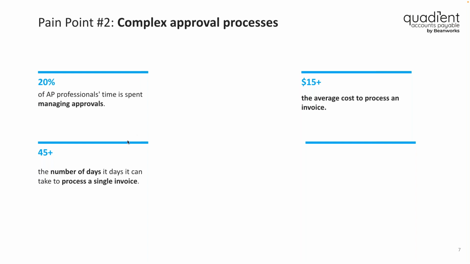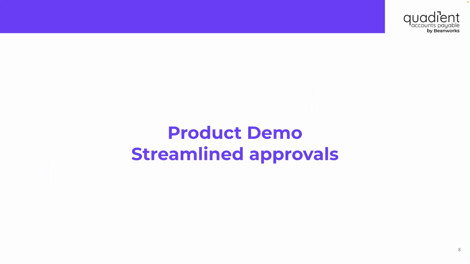And if none of the pain points have resonated with you so far, then you're still in the minority. Most AP teams grapple with the same issues, invariably because they're wedded to the legacies. So let's jump into the demo and let's show you how we can eliminate these approval roadblocks.